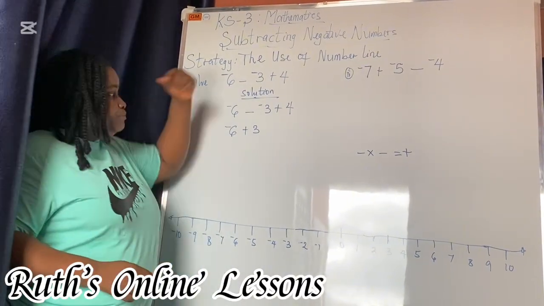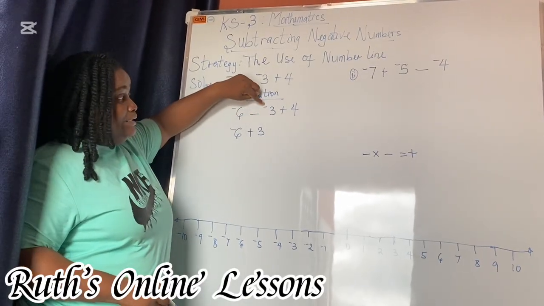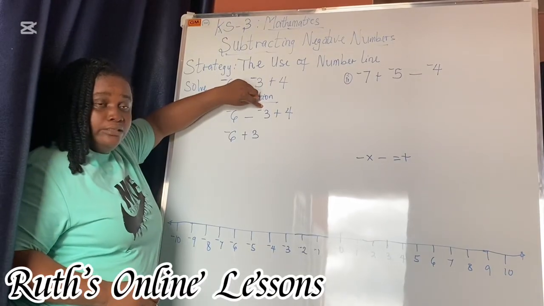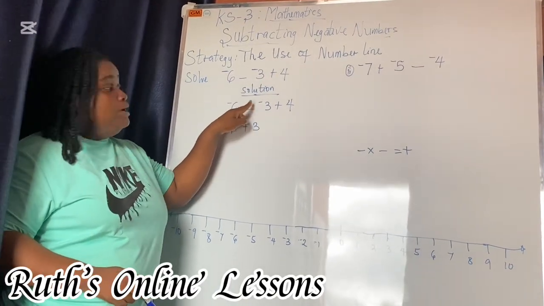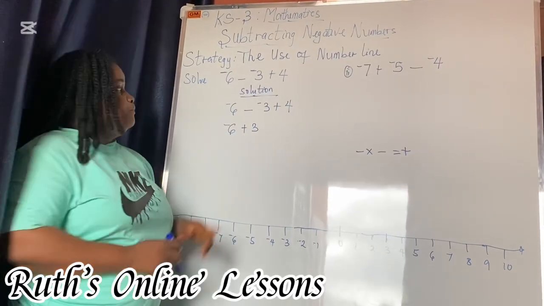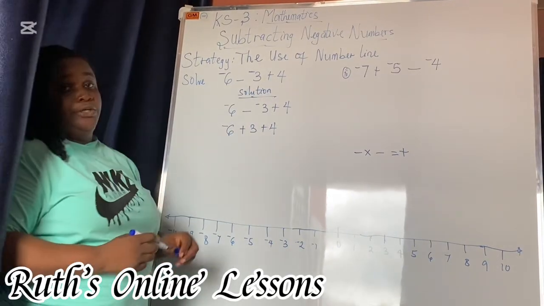So like I said, when you have -3 here, this is minus and this is -3. What is connecting this -3? Look at the minus sign. So this is minus times minus, and minus times minus is plus. That is why this is +3. Then we have +4. Look at the question.